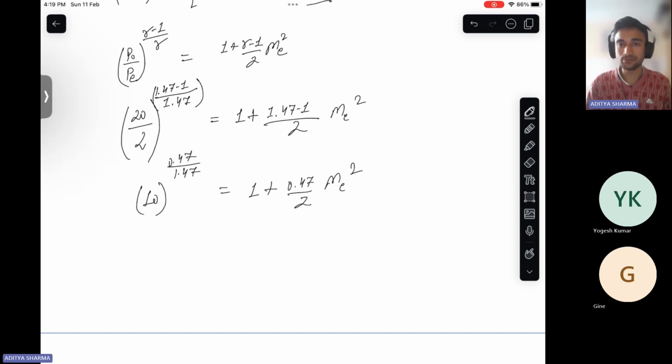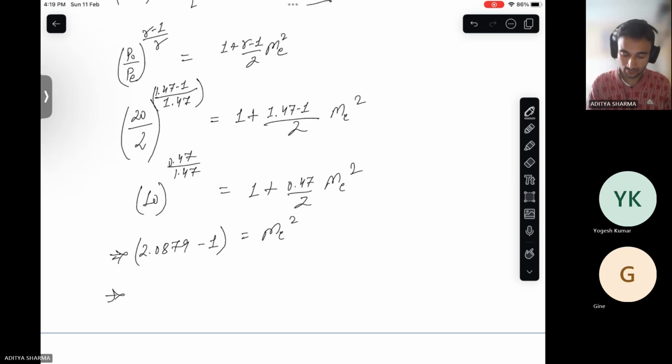I'm also working this out. 2.0879 minus 1 equals Me square. Oops, it should have been 0.